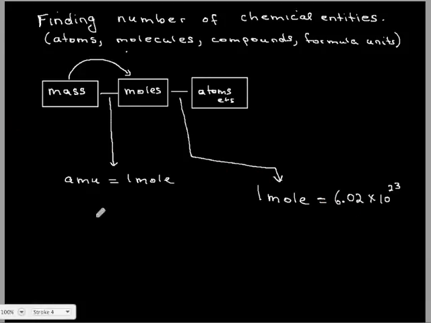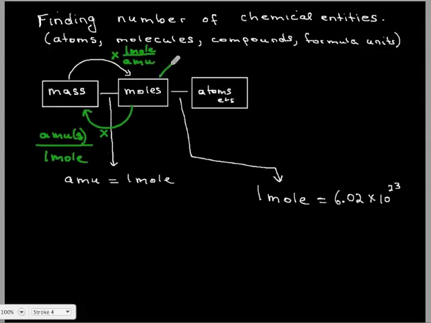So let's go ahead and create some conversion factors here. Going from mass to moles, you will multiply the mass by 1 mole over the atomic mass unit. And going backwards, you will multiply the moles by the atomic mass unit, which is in grams, over 1 mole.